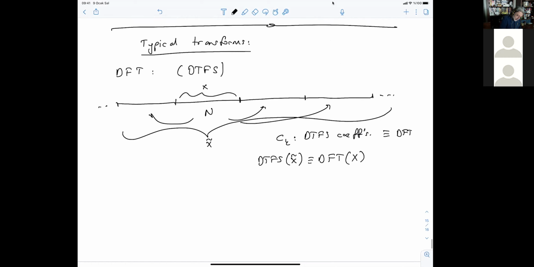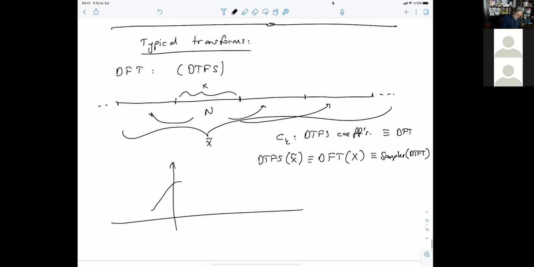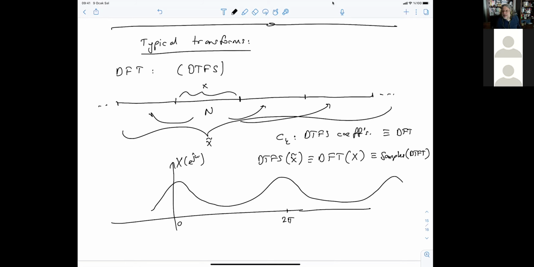And the relation between them is, this is the samples of the discrete time Fourier transform. So you have the 2 pi periodic discrete time Fourier transform like this. This is 2 pi, this is 0, this is capital X of e to the j omega, which is the discrete time Fourier transform.